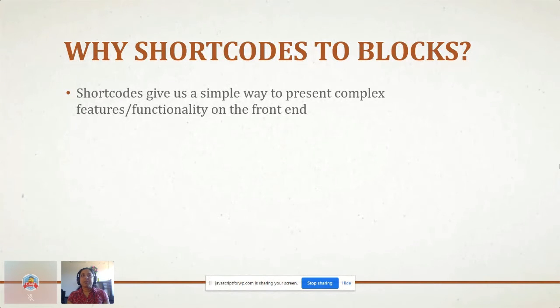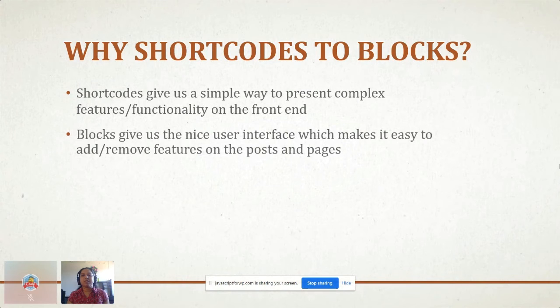And we've been using shortcodes for plugins and from themes. But as useful as shortcodes are, unfortunately, they don't give us the nice user interface that Gutenberg blocks can give us. They make it so much easier to add and remove features on WordPress posts and pages.